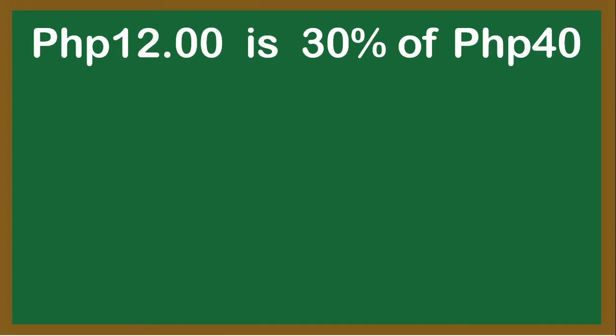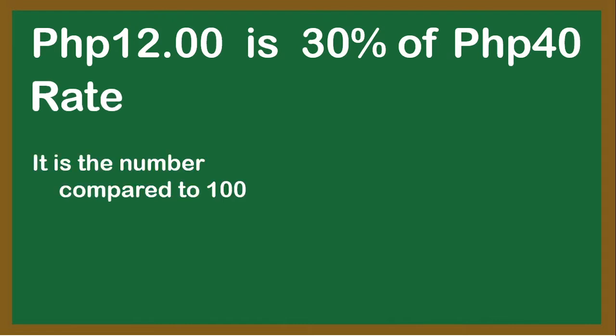Again, let us have 12 pesos is 30% of 40 pesos. This time, we're going to have the rate. Rate is the number compared to 100. Now we have here the rate as 30%, that we have here percent, which means per 100, that 30 is compared to 100, and we are referring to rate.